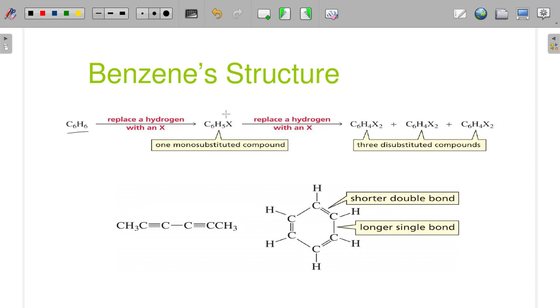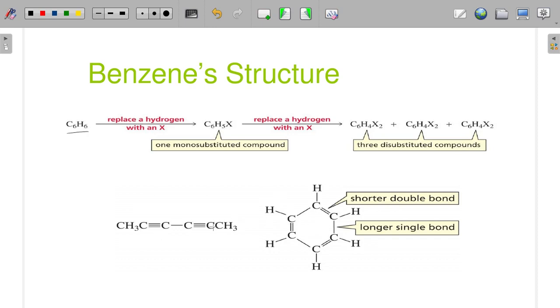All right, but we had a small problem. When we actually do a substitution reaction on benzene, we only get one product that has just a single halogen on there. So C6H5Br, there's only one way of making that. But when we replace 2, we have 3 distinct different possibilities.